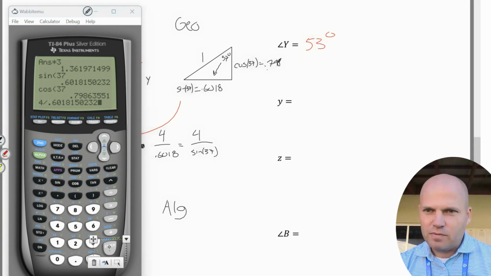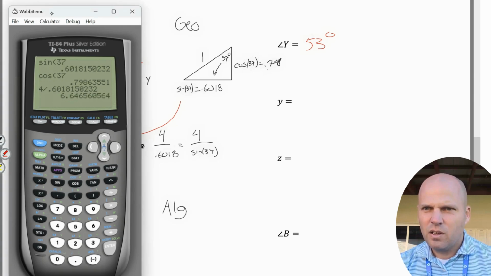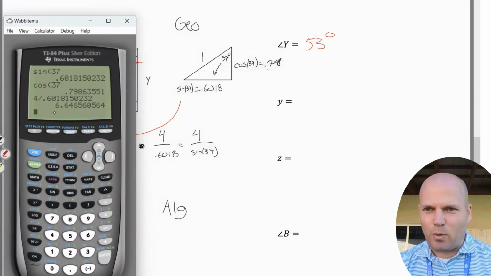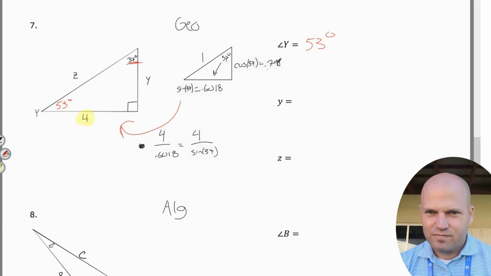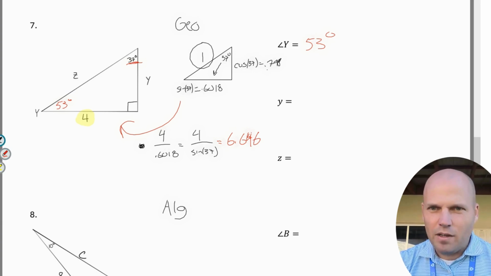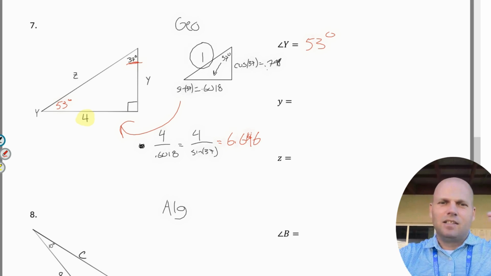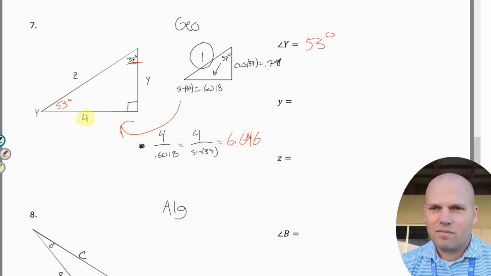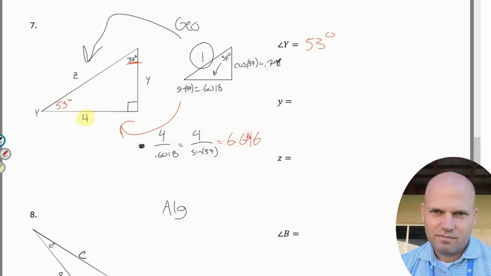So that means we need to multiply everything by 6.646. Okay, well, we need to take 1 and multiply it by 6.646. Which I'm going to do in a second.